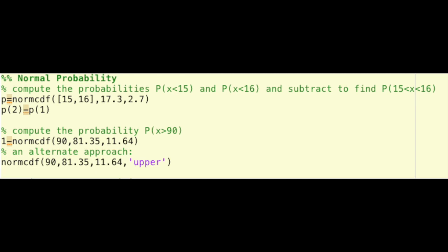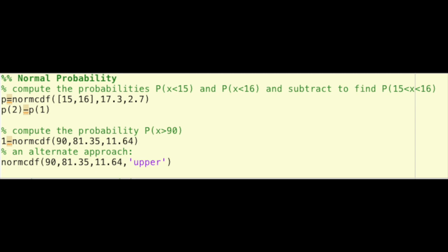So we can compute the probabilities that x is less than 15 and that x is less than 16 by supplying a vector of random variable values, 15 and 16, into the first position of the inputs of normcdf. Then we follow that up with the parameter values: the mean is 17.3 and the standard deviation is 2.7.